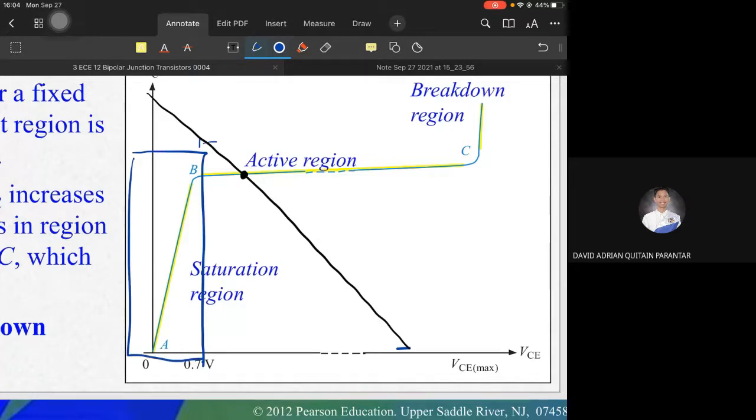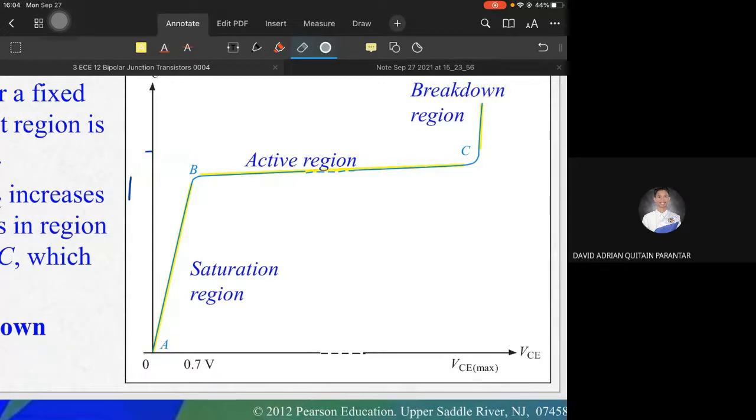If our load line falls somewhere inside the saturation region, let's say for example this load line, with this intersection, then our BJT does not act as an amplifier anymore, because the intersection enters the saturation region.